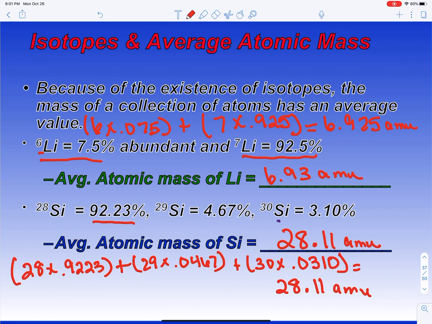You can always check your answer by looking at the periodic table. If I check silicon's average atomic mass value, I got 28.08. So it's pretty close. Now, you might get different numbers because your percent abundances might be a little different from resource to resource. As long as you're close, you're going to be good.